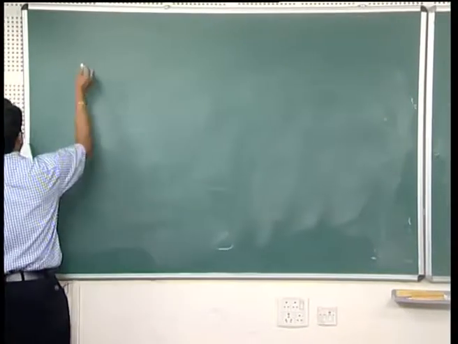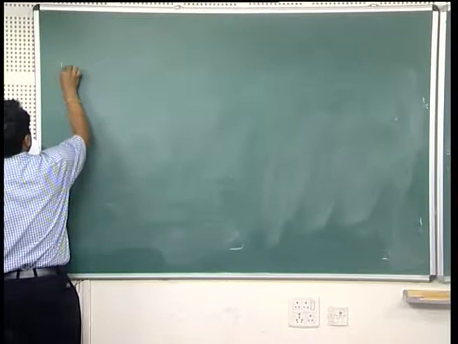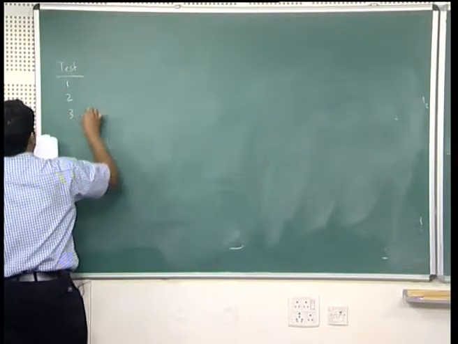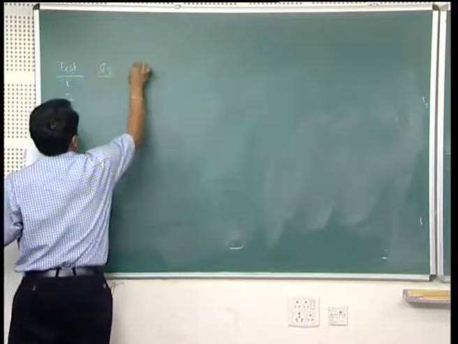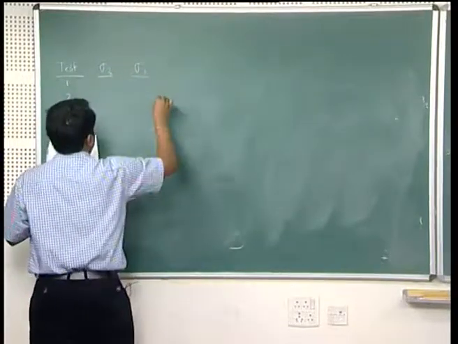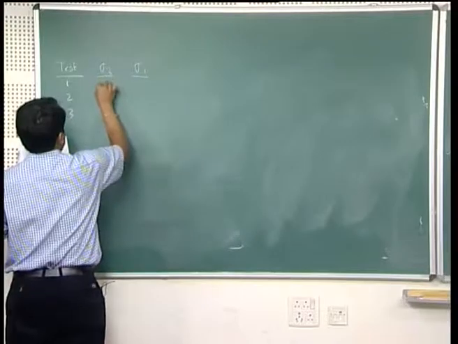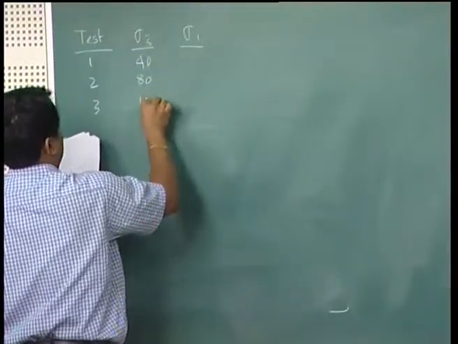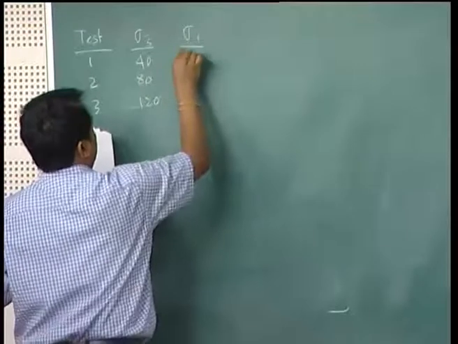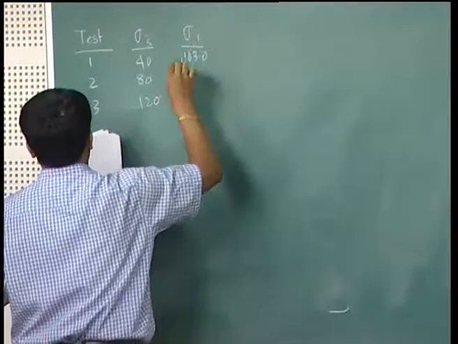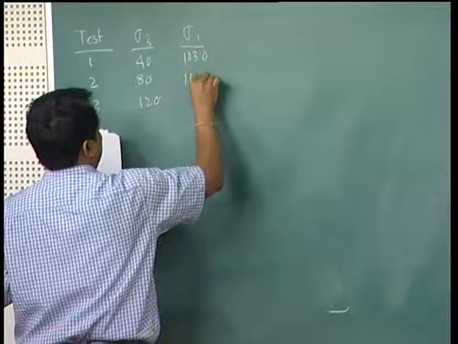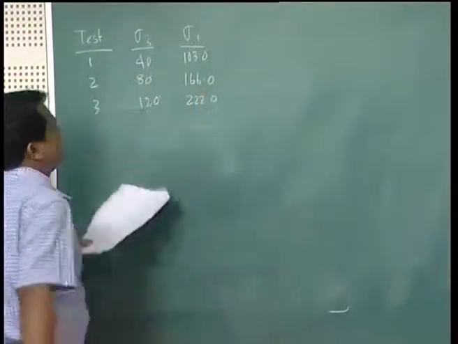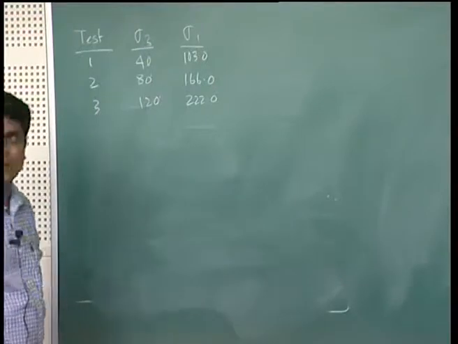So there is a given triaxial data. This is my test 1, 2 and 3, then sigma 3 and sigma 1 are given: sigma 3 is 40, 80, 120, and sigma 1 is 103.0, 166.0, 222.0.